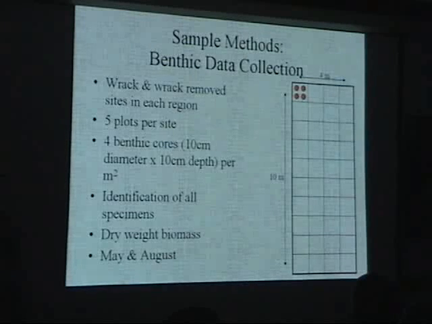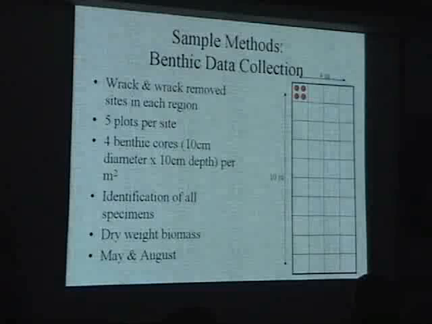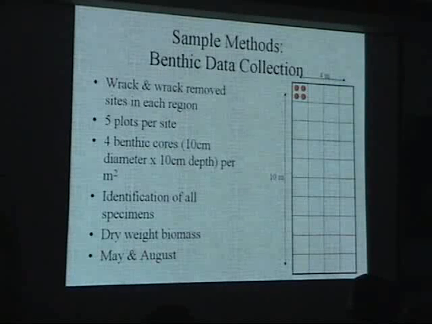And then those cores will be placed into a 0.5 millimeter mesh bag, and all the sand will be rinsed out. Then the specimens will be fixed and preserved so that I can sort them out later. I will identify all of the species and then take a dry weight biomass reading. My plan is to get some samples done the end of this month and then again in August for all of my locations.